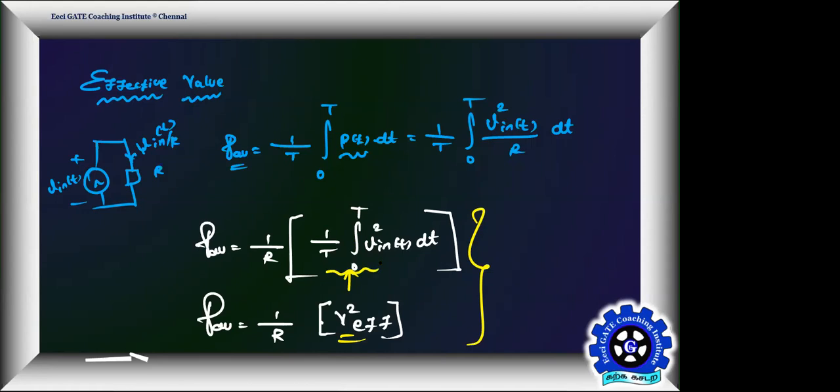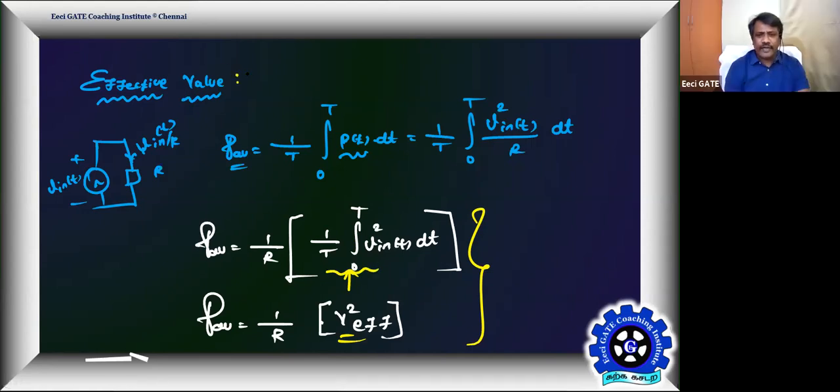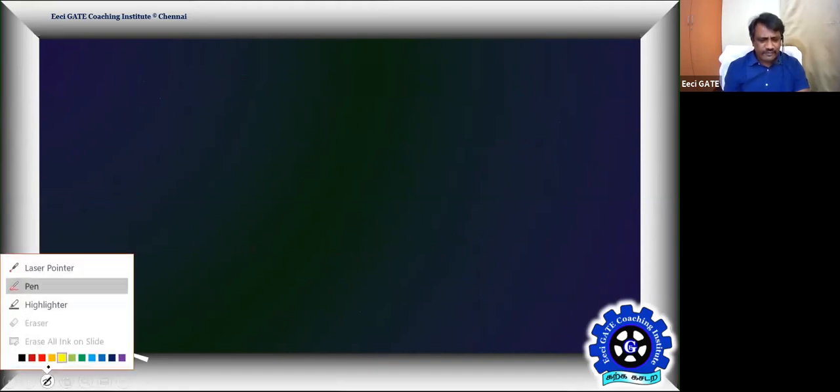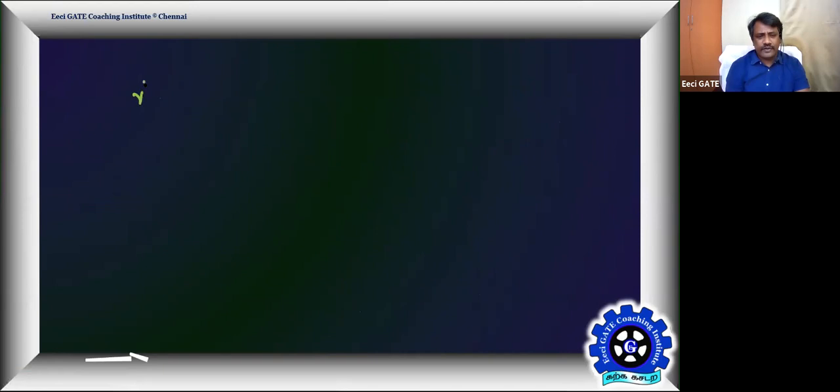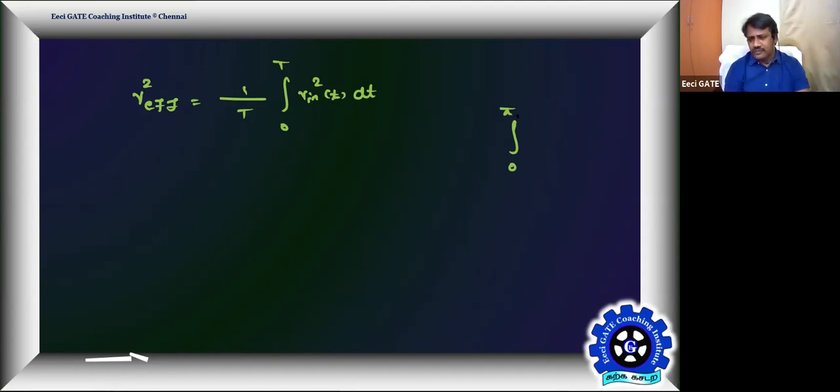So I can conclude that this is how I'm going to calculate the effective value, V effective of an AC source. V square effective is equal to 1 by T integral 0 to T V in square of T into dt. Not to forget that we already have the identity integral 0 to pi sine square theta d theta is equal to pi by 2.